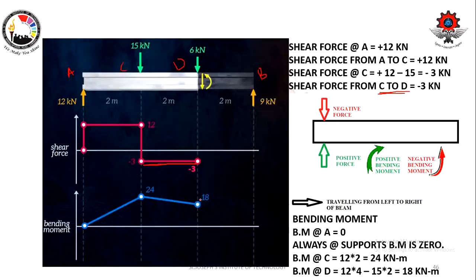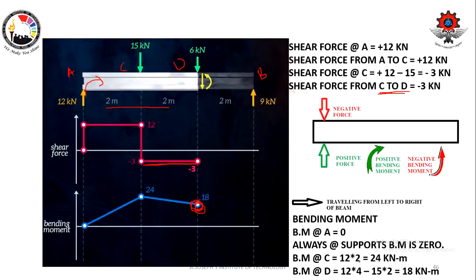Now what is shear force at D? Starting from here, 12. We are supposed to find out the bending moment at this point D, starting from the left end, right? So 12 kilonewton into distance 4, right?